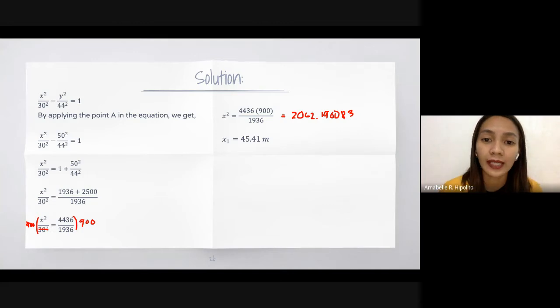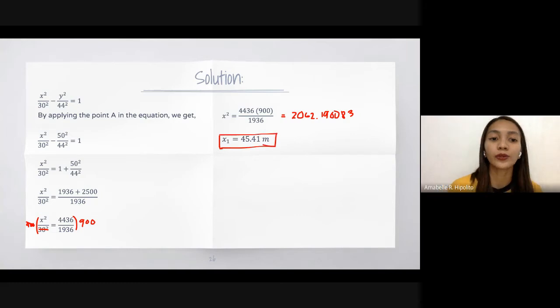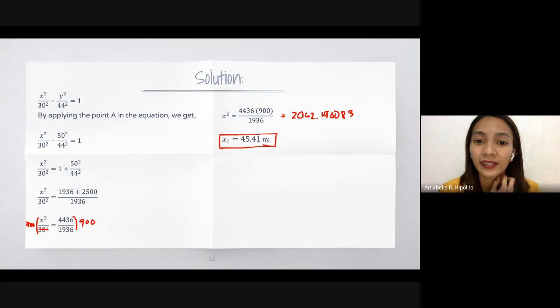Okay? So that it becomes just x. So, the square root of 2,062.19 is this one. That is why it became 45.41 meters. Okay? So, that is the one at the top, the diameter of the top of the tower.